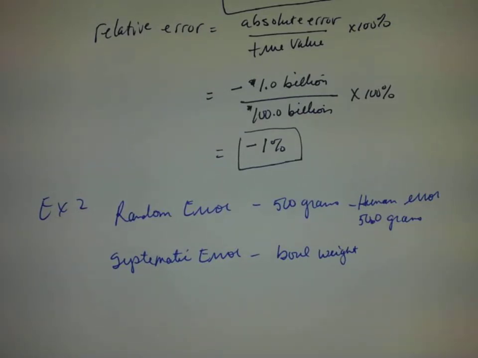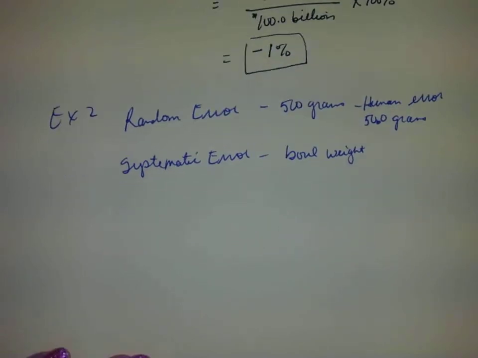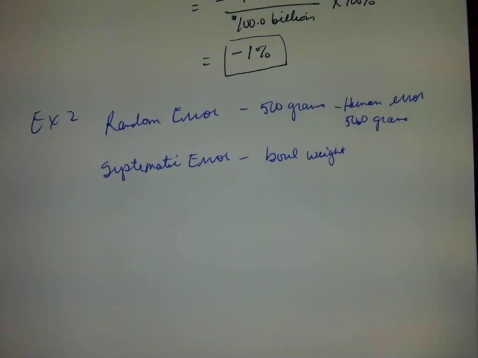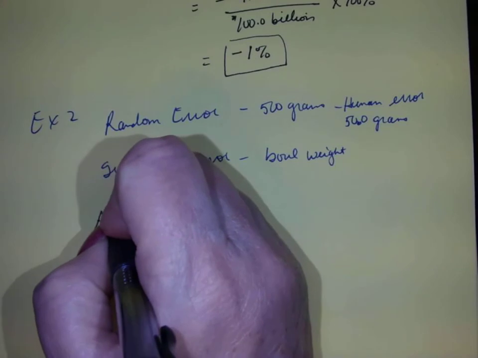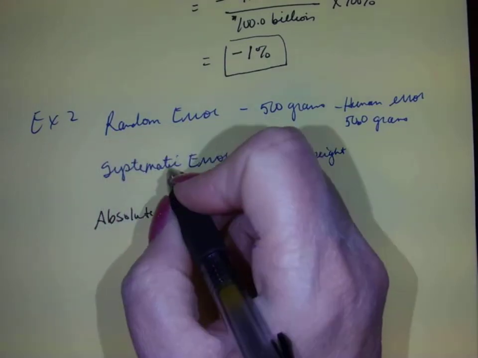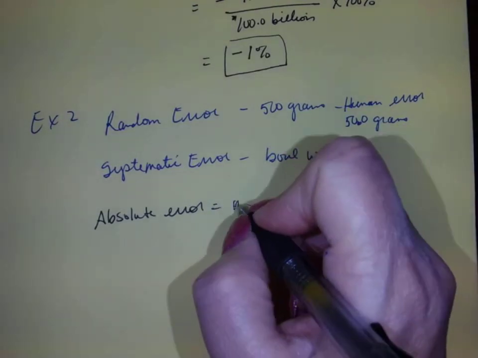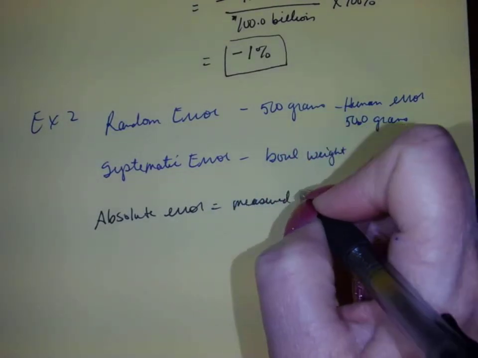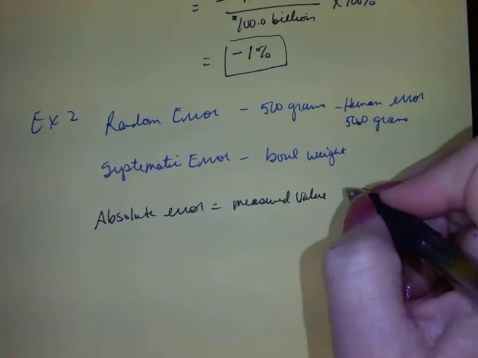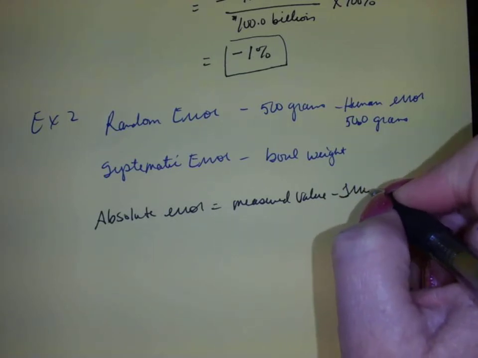Okay? Now we're going to look at finding the absolute and the relative error. So for our absolute, and we're not doing it for all of them, we're only doing it for the 500 gram one. So our absolute error is going to be our measured value minus our true value.